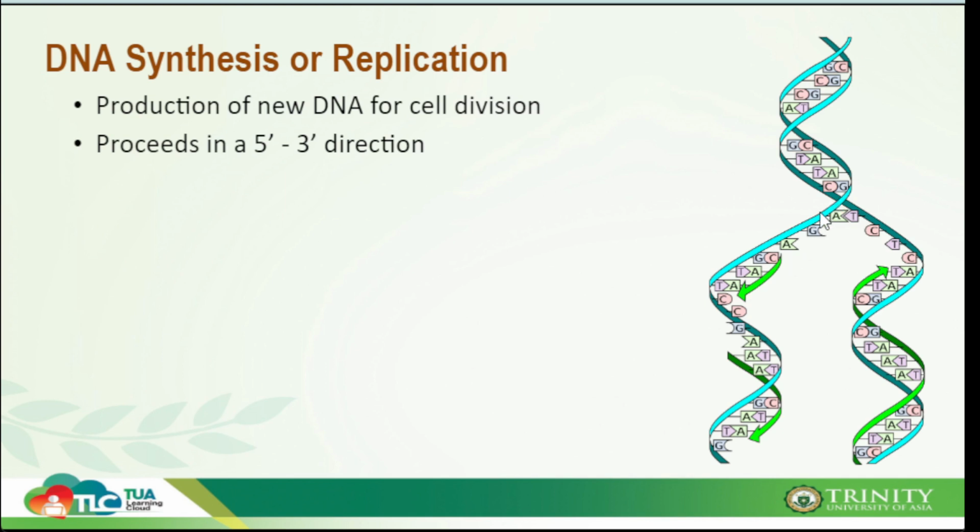Let's say na itong strand from top is the 5', so 5' towards your 3'. And the other is 3' to 5'. So, ang magiging replication niya will be opposite. Kasi start siya sa 5', paakyat ng 3'.